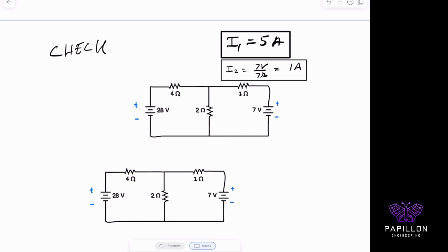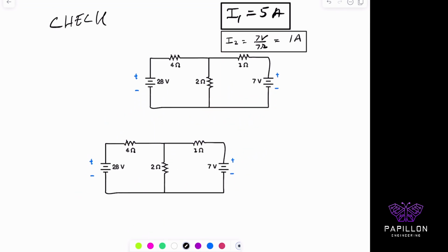What we can do is put in our value of I1 as 5 amps, and if we have a 4 ohm resistor right here, I multiply 5 times 4 to get back 20 volts, right? That's going across the branch, as I mentioned before.